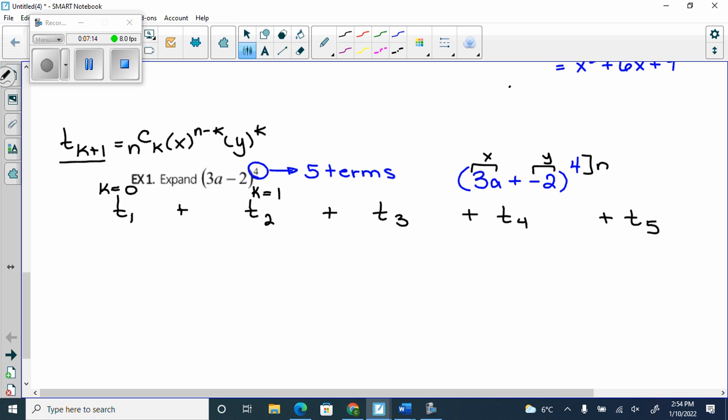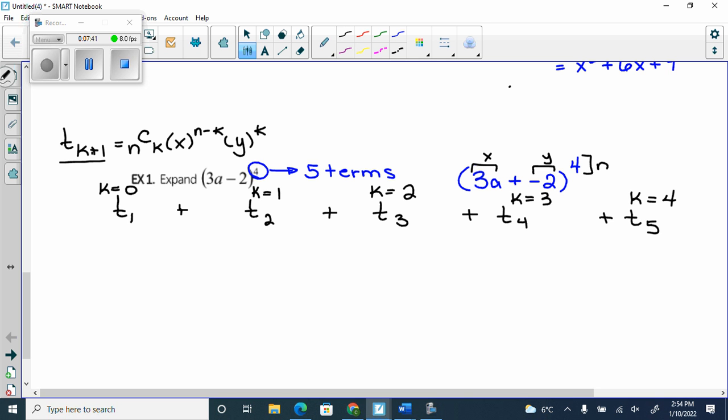When I'm looking for term 3, t3, what would k have to be? 2. And in order for this to be term 4, what would k have to be? 3, because 3 plus 1 would give me term 4. We agree? And then term 5, this would have to be 4 plus 1, so k would have to equal 4.